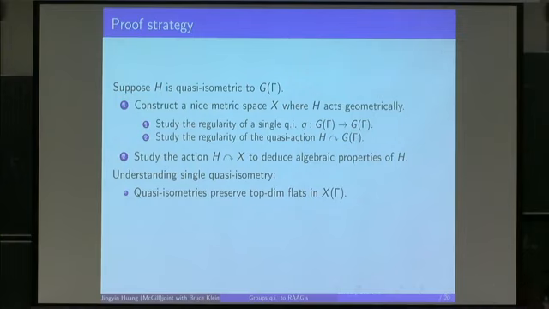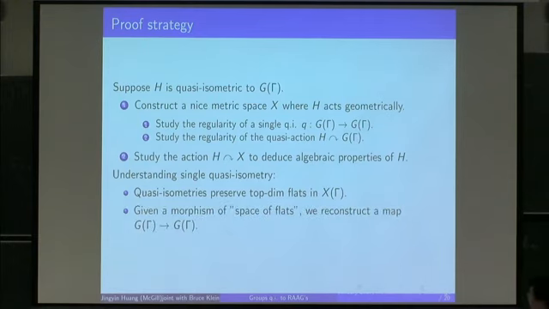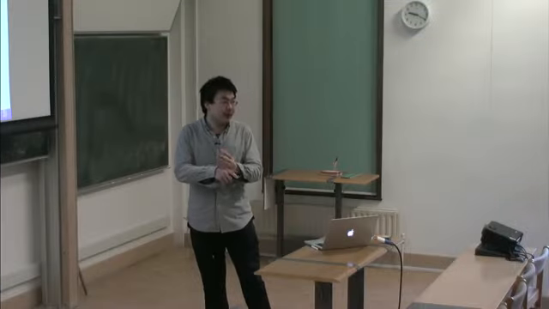So this is the first step, and once we have done this step, we know the quasi-symmetry maps top-dimensional flats to top-dimensional flats up to finite Hausdorff distance, and preserves the coarse intersection pattern of these flats. Then we pass to the second step. We define a combinatorial object, roughly called the space of flats, which is intended to encode the combinatorics of the intersection pattern of these flats.